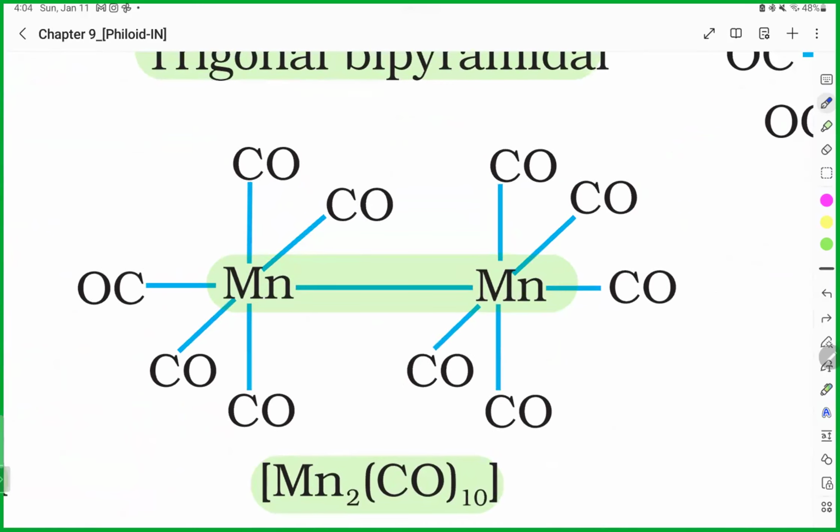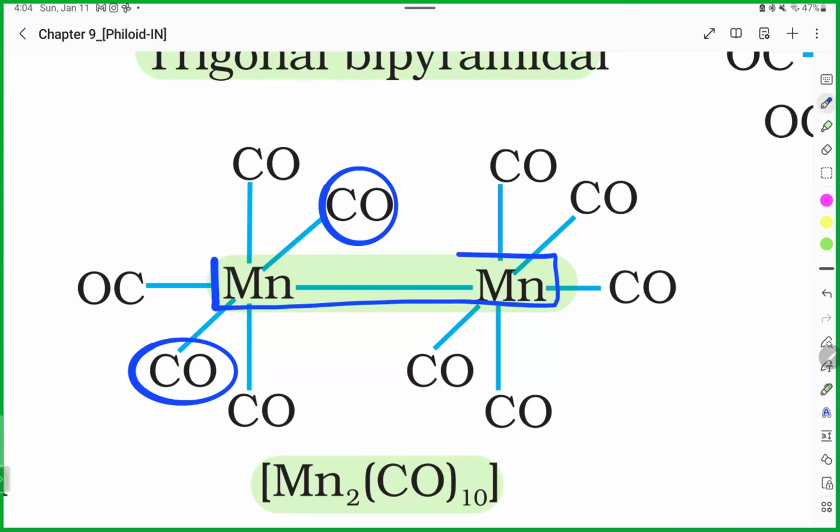One complete square and one pyramid this, and second carbonyl is this. So it looks like square bipyramidal and there is a direct manganese-manganese bond. There is a direct metal bond, and the carbonyl groups are terminal.